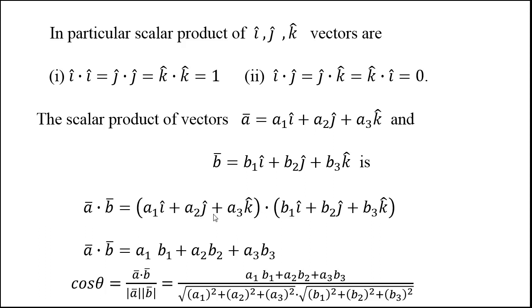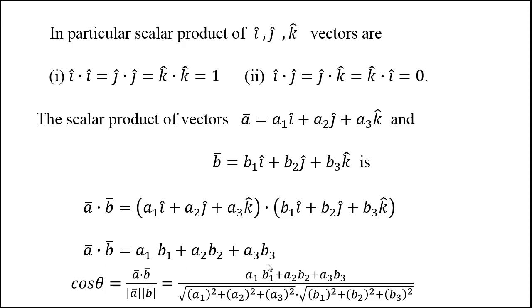Now we take this a2j and multiply each of these three vectors in the second bracket by a2j. j dot i is 0. j dot j is 1. So a2b2 will come here, and a2b3, its coefficient is 0, so that will vanish. Similarly, while multiplying by a3k, we observe that only one product, that is a3b3, will come in the picture.